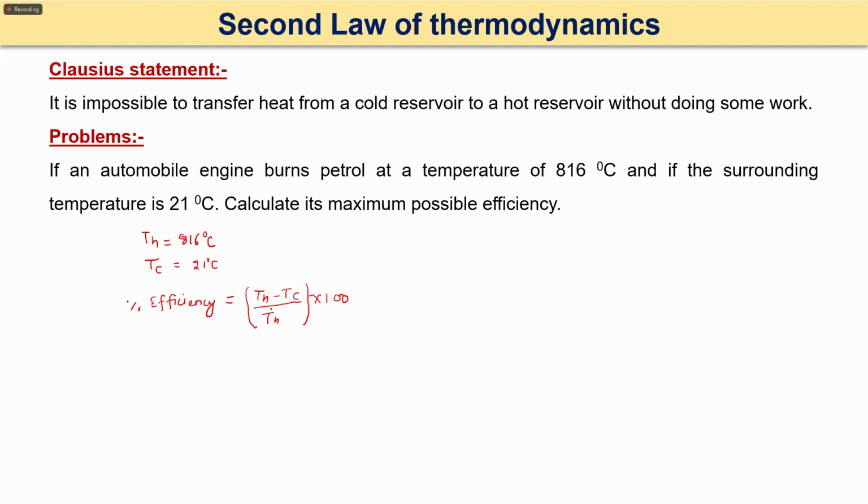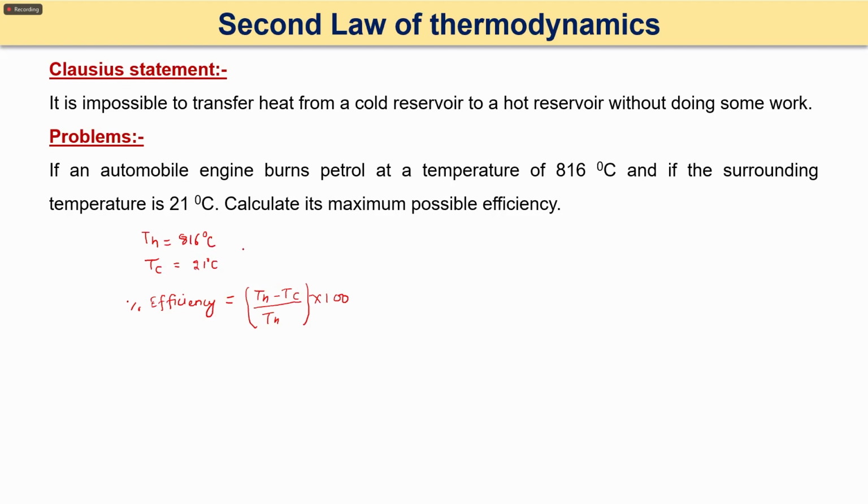Okay. So where TH is the temperature of the hot reservoir and TC is the temperature of the cold reservoir. So here your TH is 800 degrees Celsius and your TC is 21 degrees Celsius.